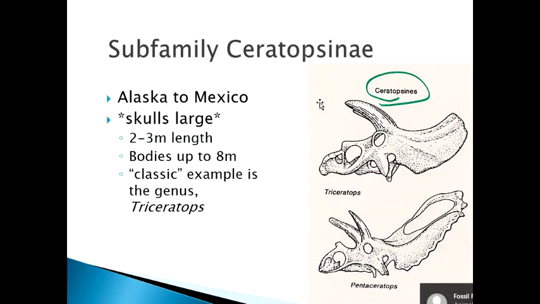This is then contrasted with the subfamily Ceratopsinae, which have a huge skull, and the frill is enormous. It is as long or longer than the rest of the skull. And it has eye horns that are bigger than the nasal horns. And the classic example is the beautifully classic, wonderful dinosaur, a favorite of a lot of people, the Triceratops.